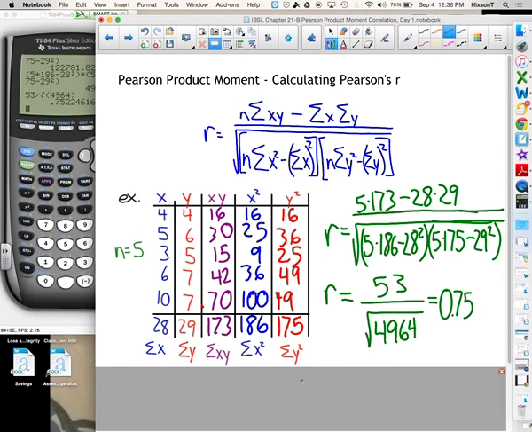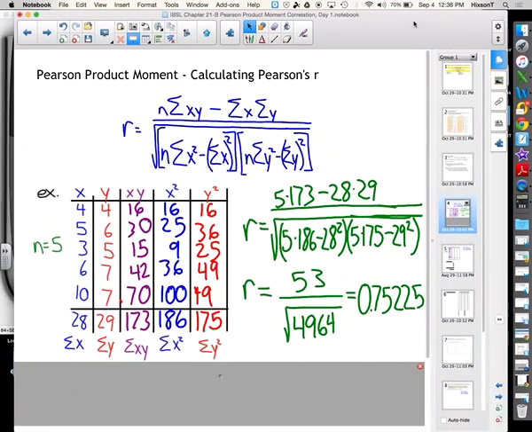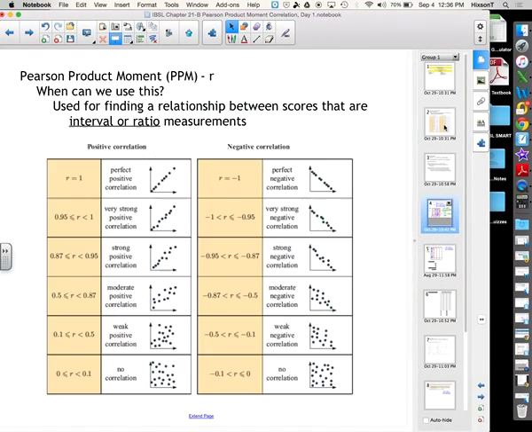Now, according to that table we looked at the beginning, 0.75 falls into the moderate correlation.